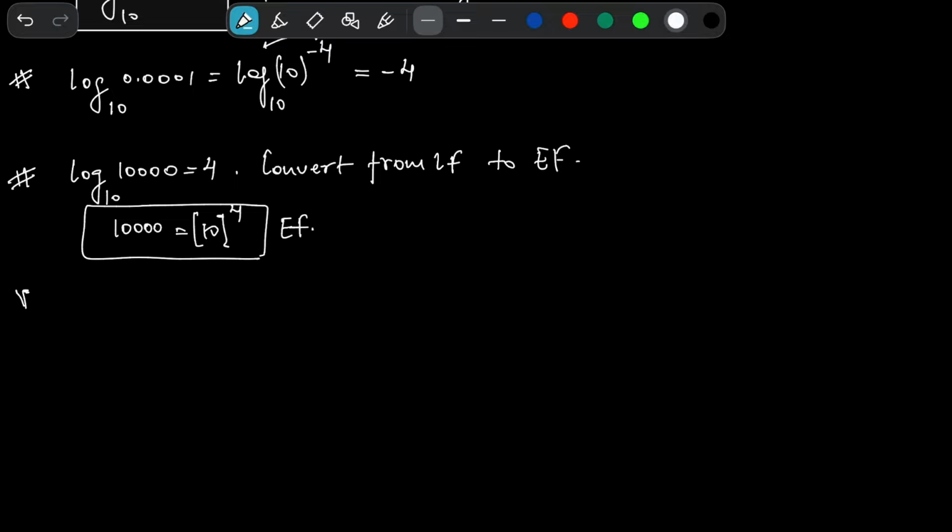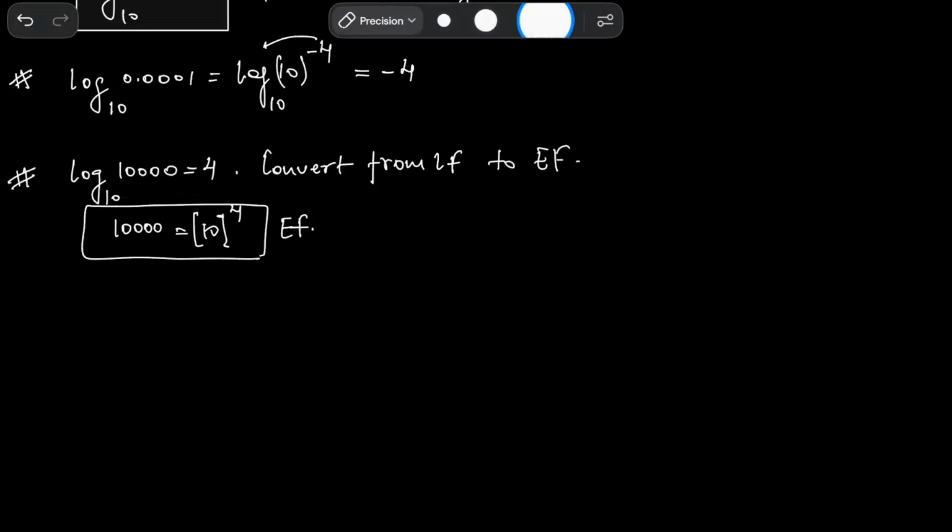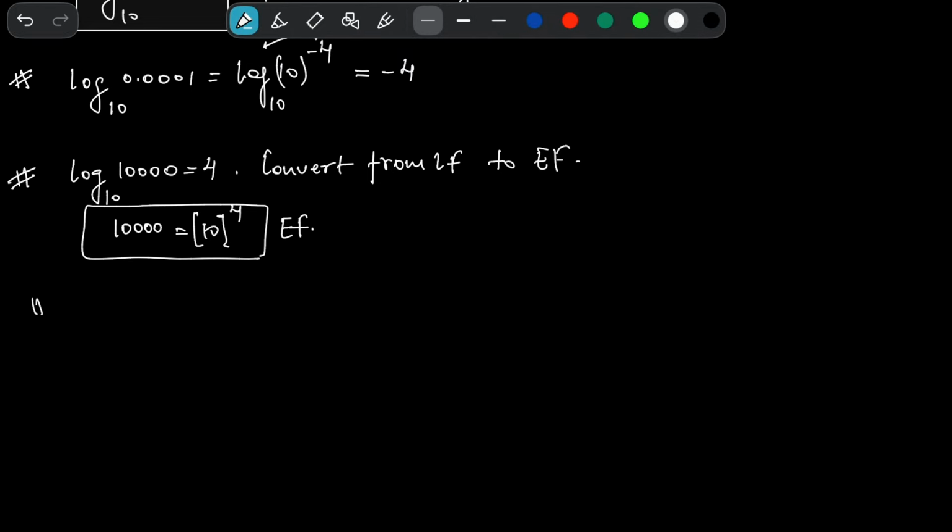Let's take one more example. Question says without using calculator.